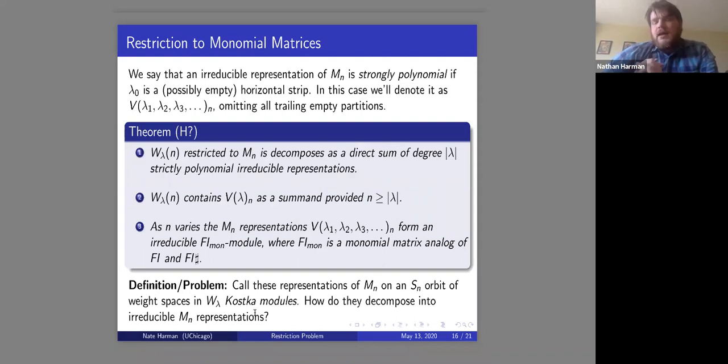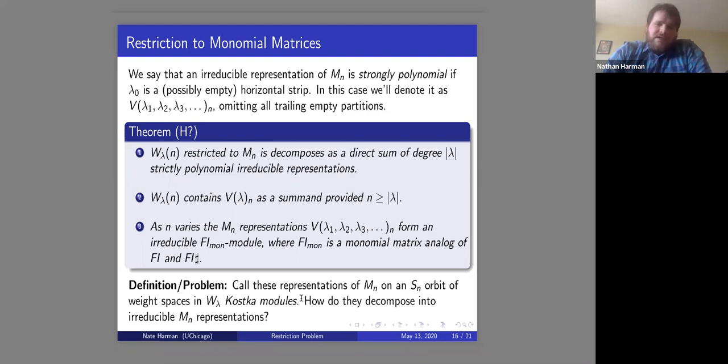We take an Sn orbit of weights, and that forms a symmetric group representation. It's actually a representation of monomial matrices because we have the torus acting. These are what I call Casca modules. Then the problem becomes, how do we decompose these into irreducibles? If we could answer that, that would solve the restriction problem. We've broken up our module into a much finer grading.